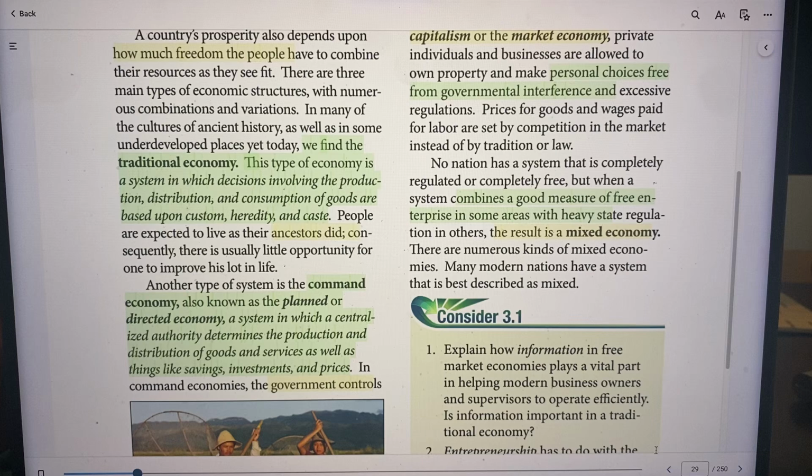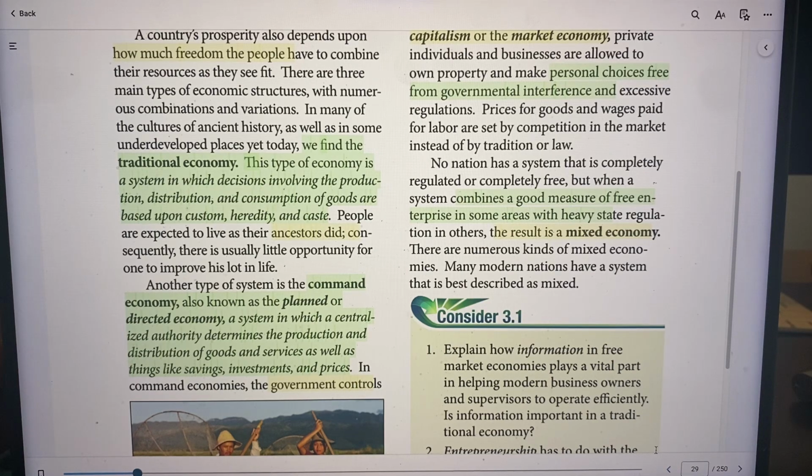So basically, a traditional economy holds on to heredity or caste or custom, those three things. So you maybe go to India, it has a caste system. If you're in the lower caste, it's very hard to get out of that lower caste, right? And then you inherit whatever caste you are. So a traditional economy uses those things, the production, distribution, and consumption of goods based upon the caste or custom.